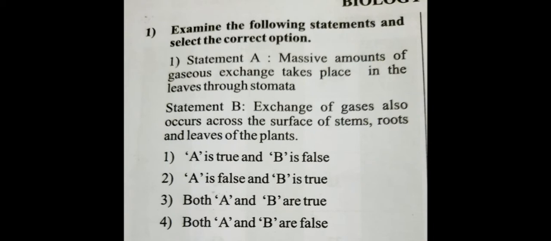At the surface of the stems, roots, and leaves, it takes place, but not as much as it takes place in the stomata, which are present at the lower epidermis of the leaves. So, both the statements are correct. The right answer is option 3: both A and B are true.